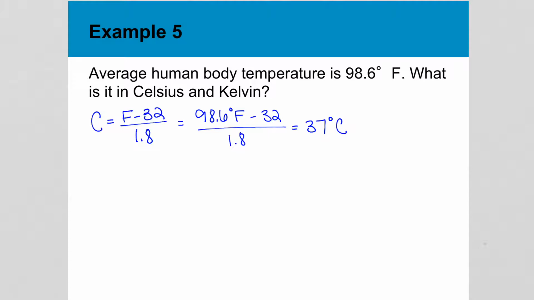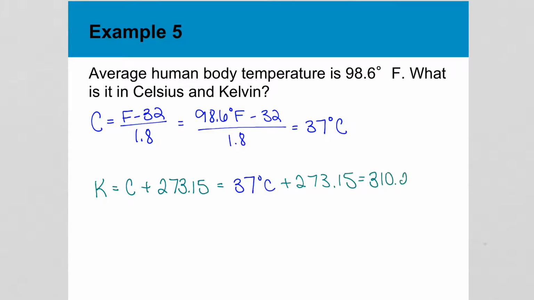Convert that to kelvins. It is Celsius plus 273.15. So we've got our 37 from above plus 273.15. 310.25 kelvins. And again, we don't use the little degree symbol.